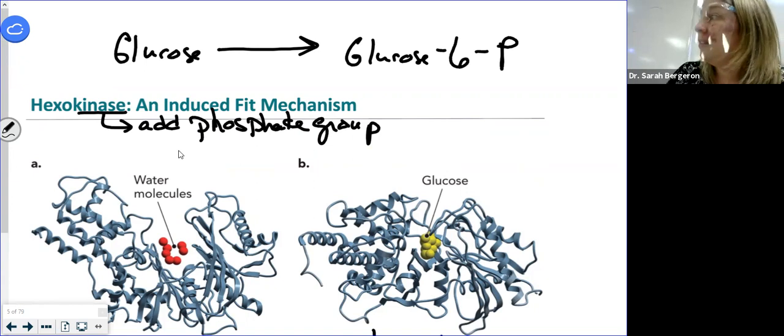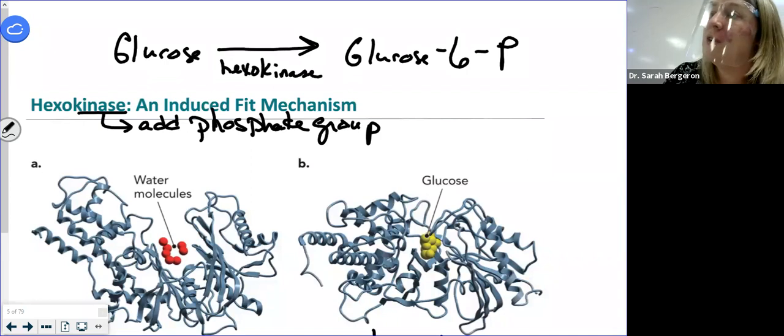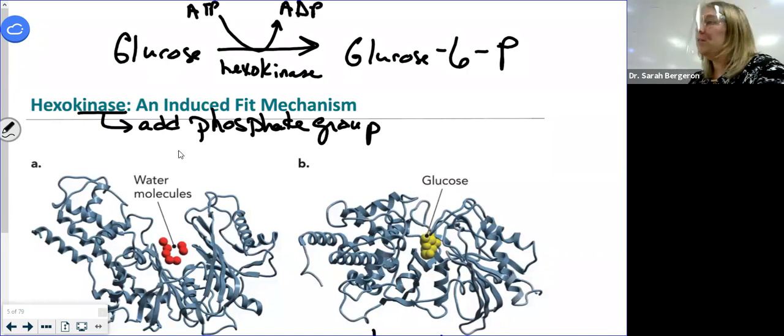You put the phosphate group on the 6th carbon of glucose. And this is done in the presence of hexokinase. But I also have to show that this happens due to the transfer of a phosphate group from ATP. So you start with ATP and it comes in and it comes back out as ADP. That's how you'll see it in the future.